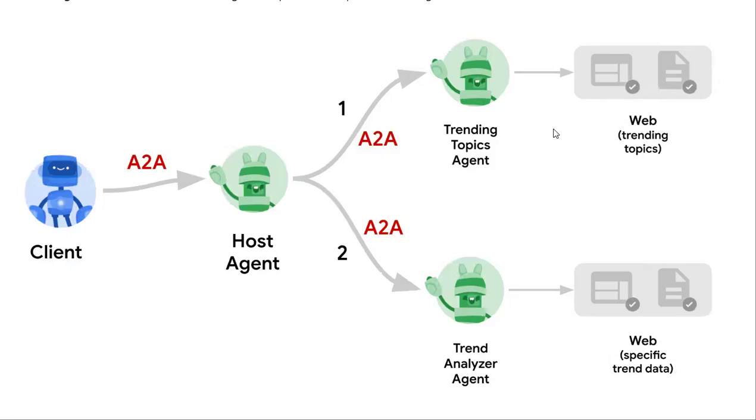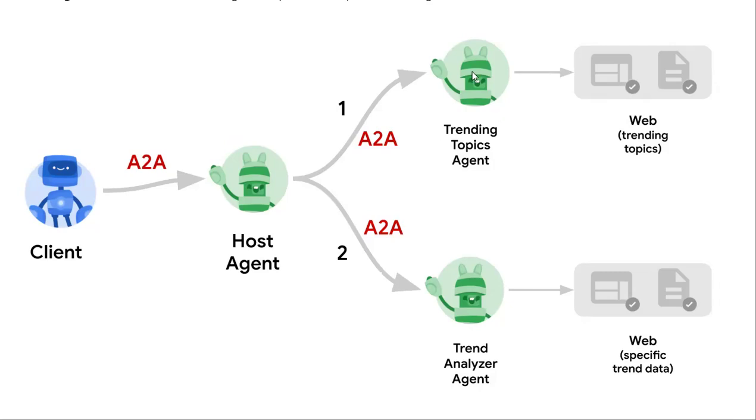Till now, let's recap what we have done. We created our agents, the trending topic agent and the trend analyzer agent, and we created a common server for launching these agents, and a common client to connect with them.